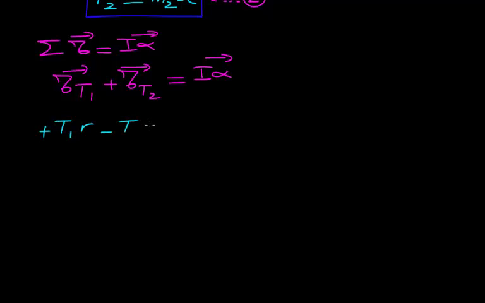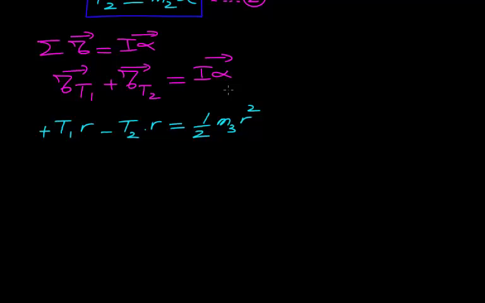The torque due to T2 is negative because it's trying to turn counterclockwise: T2 times the radius, equals I, the moment of inertia, which was given to us to equal 1/2 the mass of the pulley, m3, times r squared.